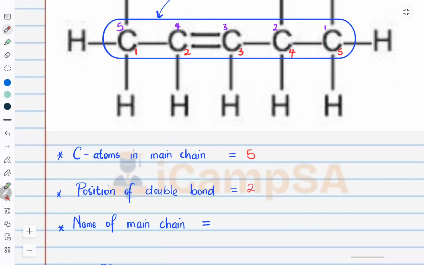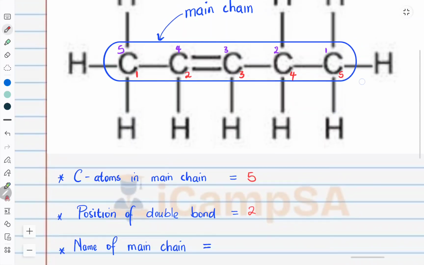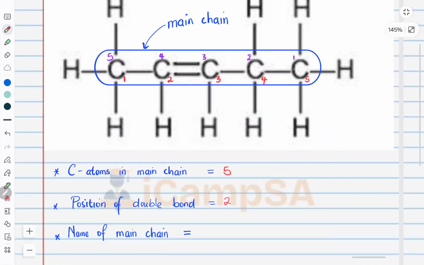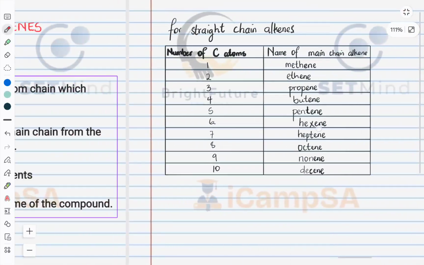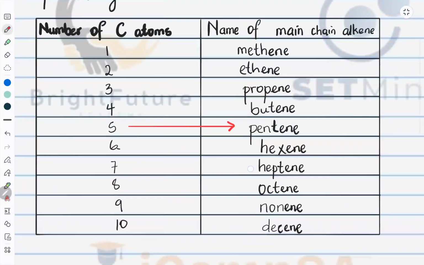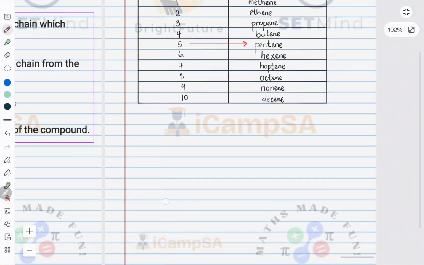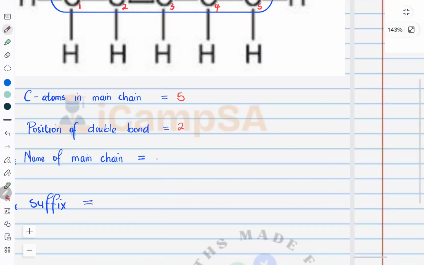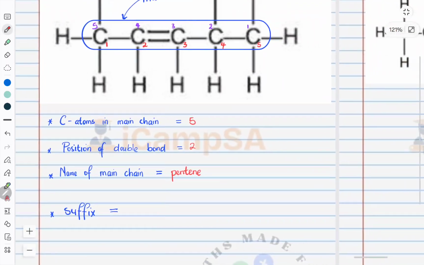So it's on number 2. And since our main chain has 5 carbon atoms, what is the name of the main chain? Remember, we use this list right here. For 5, this is what we have, pentene. In this name, there's the stem and then there's the suffix of the homologous series.